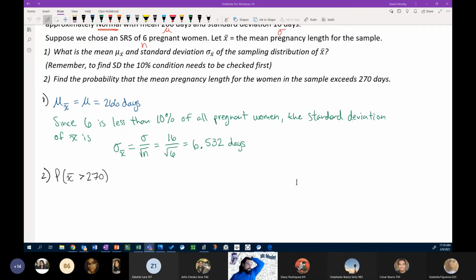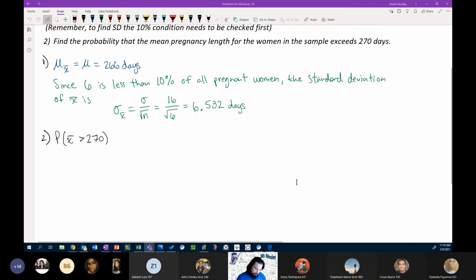Okay, so in this case, we started with a normal distribution. We were told that the distribution of our population is approximately normal. So we know that this has to be approximately normal, so we can use normal calculations, which means we have to standardize this score first. We're going to use table A.